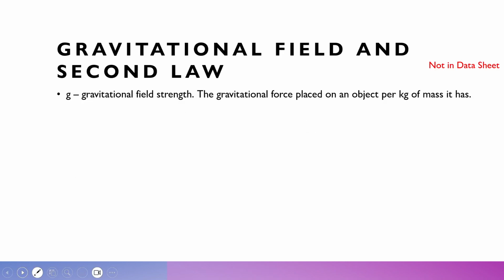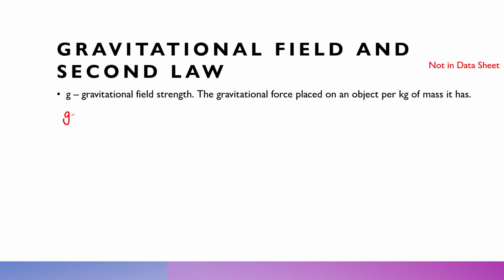While we can use universal gravitation to unpack gravitational forces between two objects, we can go a little bit further and start to talk about gravitational field strength, which is marked as g. Essentially, gravitational field strength describes the gravitational force placed on an object per kilo of mass that it has.